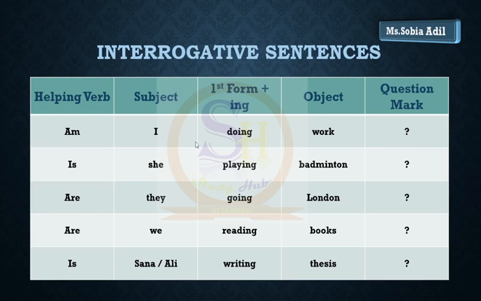For example, am I doing work? Here is the question mark. Is she playing badminton? Are they going London? Are we reading books? Is Ali writing thesis? So there are question marks at the end of these sentences. So these are the examples for interrogative sentences and are telling you about the structure of interrogative sentences of present continuous tense.